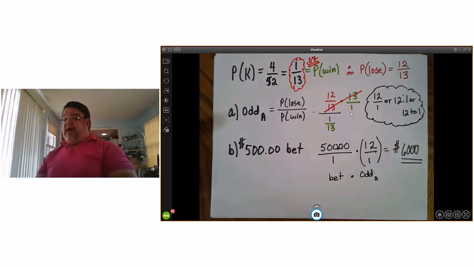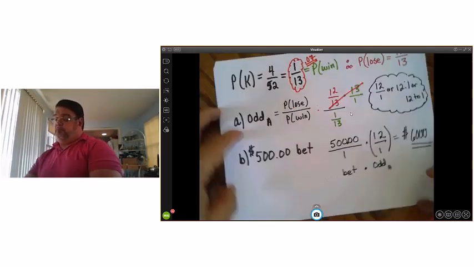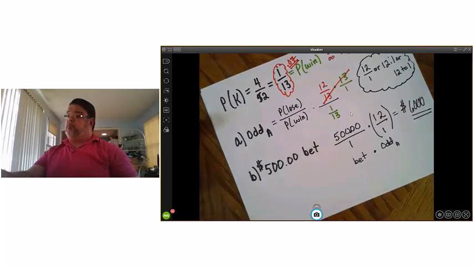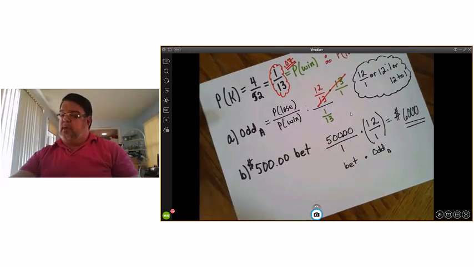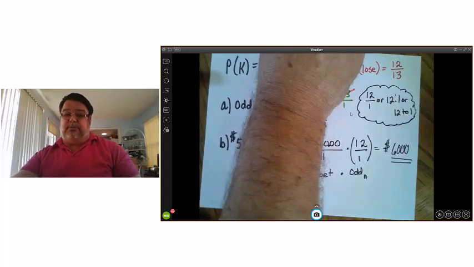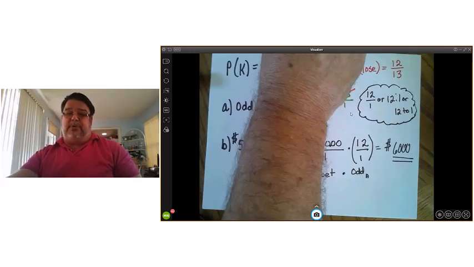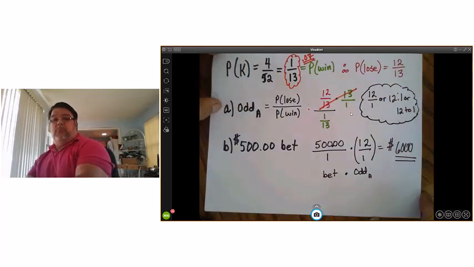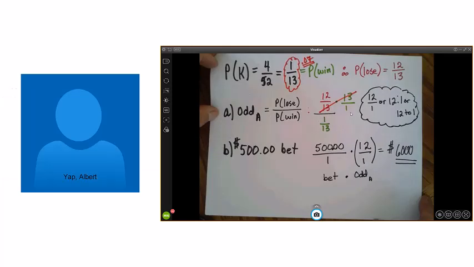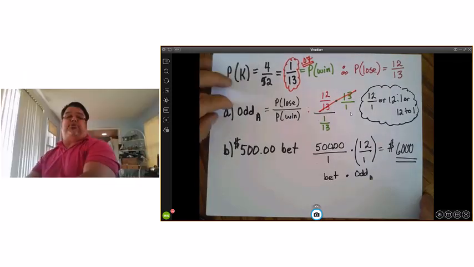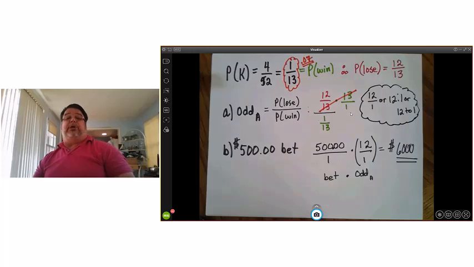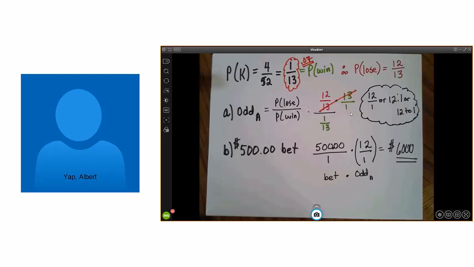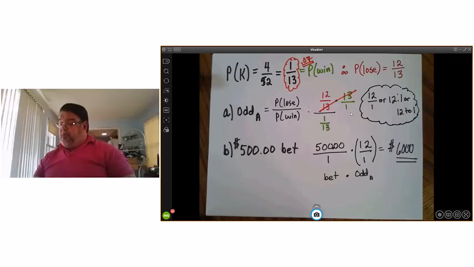Very high or very low? Y'all can talk to me. One of you can. Mr. Yap, is that a very high probability or a very low probability? 0.07. Is it closer to 0 or closer to 1? It's closer to 0. So therefore, it's a very low probability.